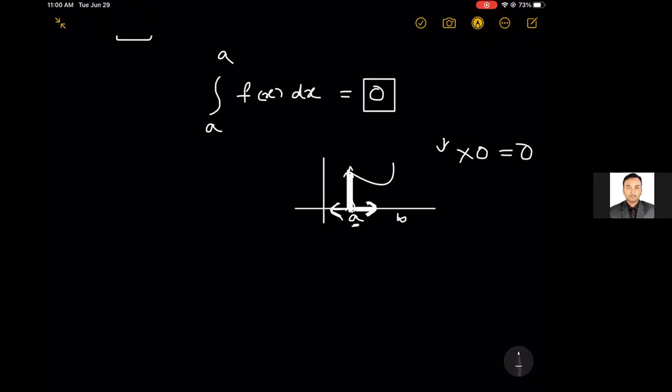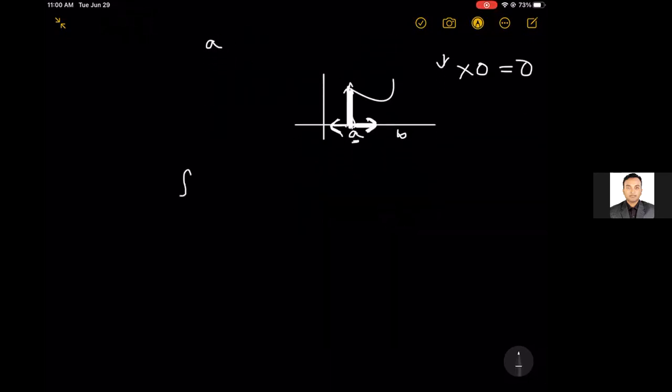And the next one is if you find the area from A to B, it's actually the same if you find the area from B to A with a negative sign.